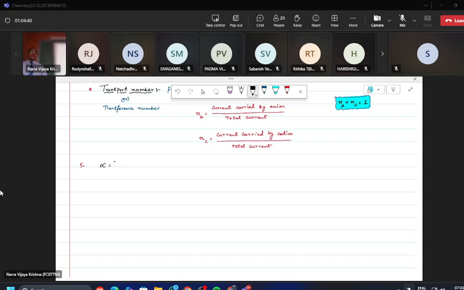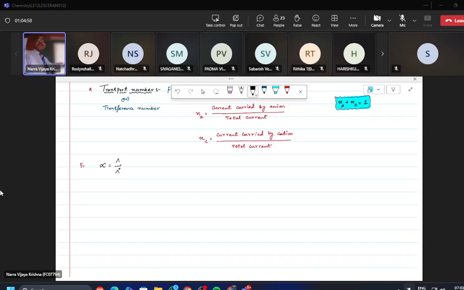Degree of dissociation alpha can be written as lambda upon lambda naught. Lambda naught is the maximum conductance at infinite dilution. That is the highest value possible.